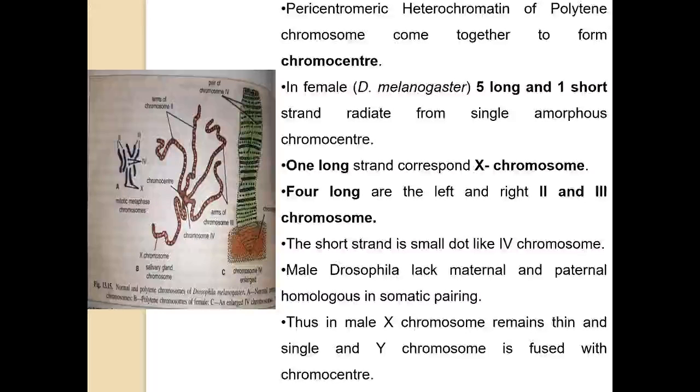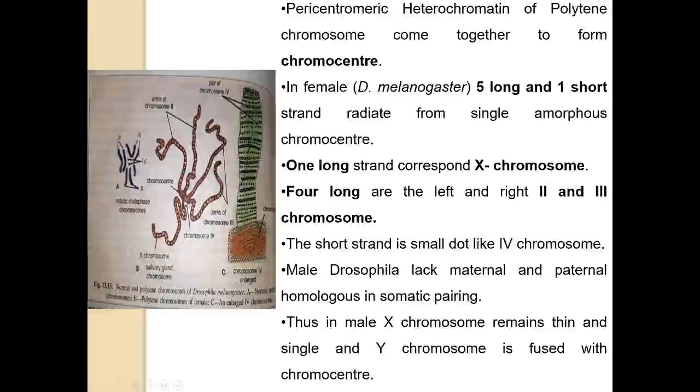Now we'll see the structure of the chromosome. In this chromosome there is a chromocenter and 5 long strands and 1 small strand. Of those 5, 1 long strand forms the X chromosome, while the remaining 4 strands form the 2nd chromosome and the 3rd chromosome.